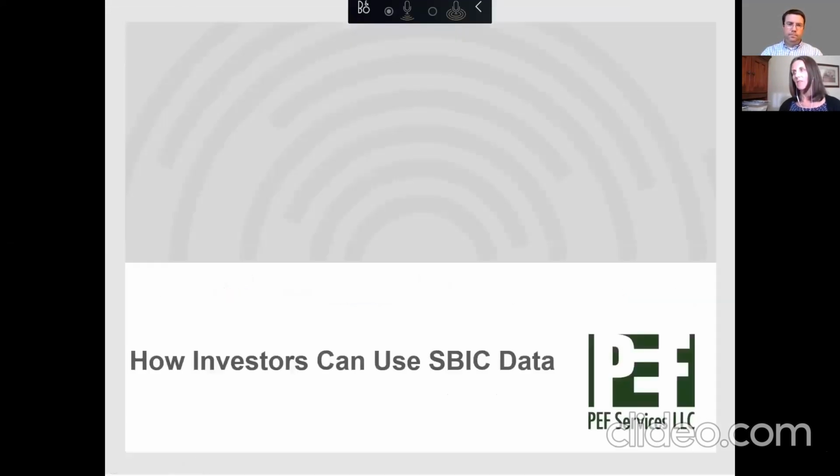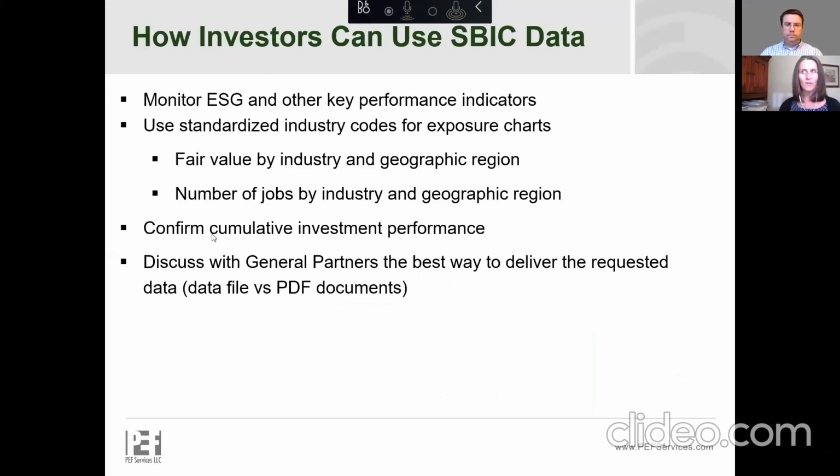Okay, and then the last thing we wanted to cover is, again, using the data. Hopefully in the forms, you saw some data points that would be useful in the way that you track your information and the data points that you track across your fund managers. It's just a matter of getting the information. A lot of the information, you're not going to want to sort through the PDF reports and pull that data out.